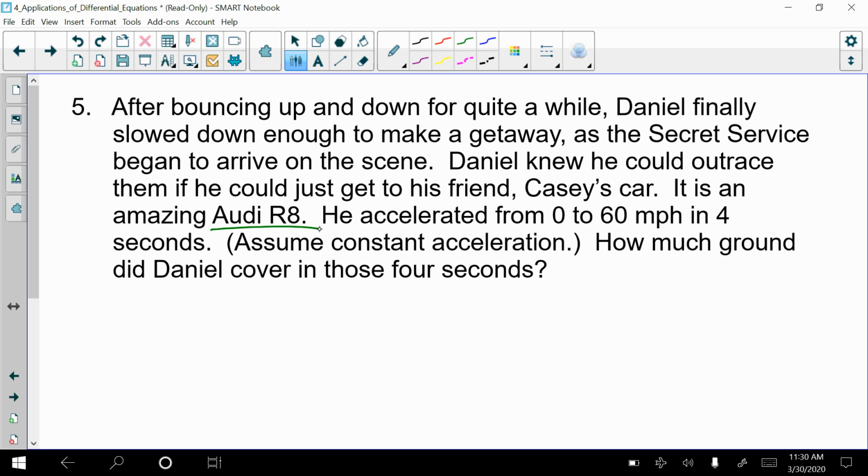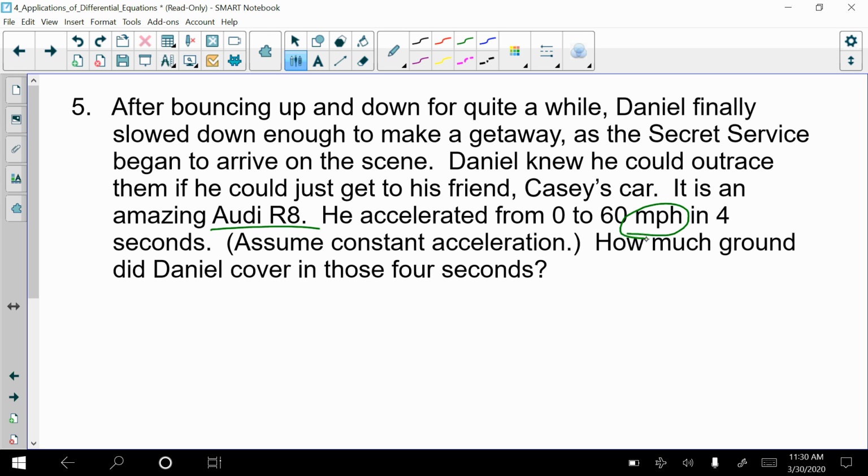Now, all of our functions that we've been working with so far for position, velocity, acceleration, they've been in terms of feet per second. And now we have a unit in terms of miles per hour. Previously, the last question at the end of video 2, we had to convert something from feet per second into miles per hour.